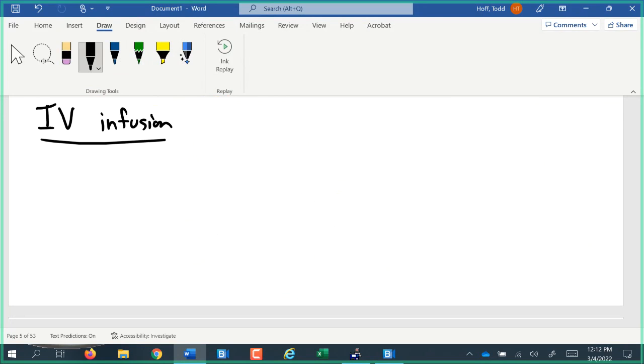Let's say that the limit on a certain infuser is that it cannot infuse less than 5 milliliters per minute.